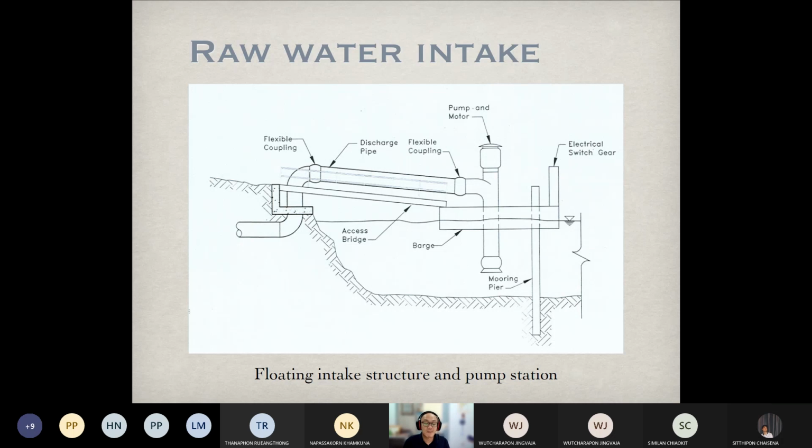So for small treatment capacity, the floating intake may be suitable, but for large-scale production, it is better to use other types of intake facilities. A floating intake structure is quite suitable only for a small quantity of water required.